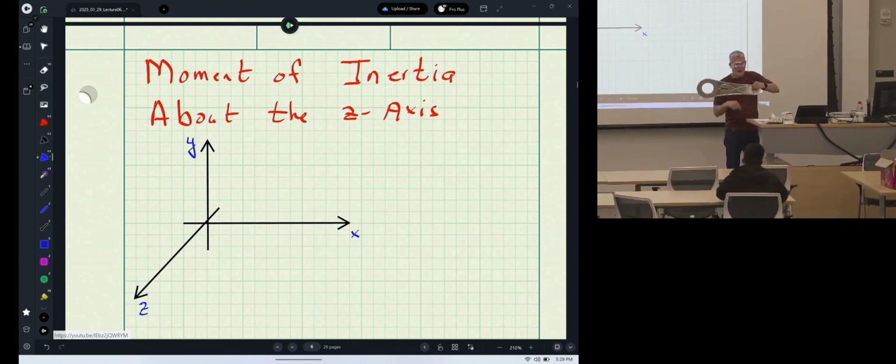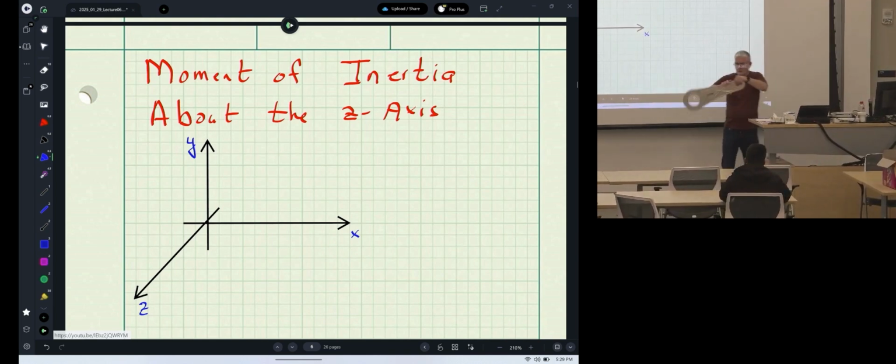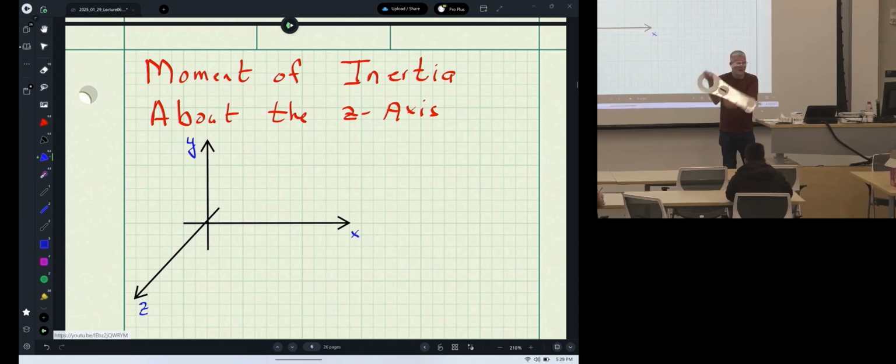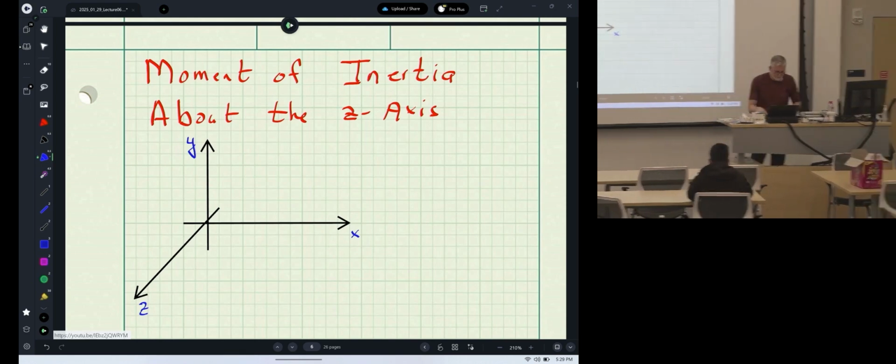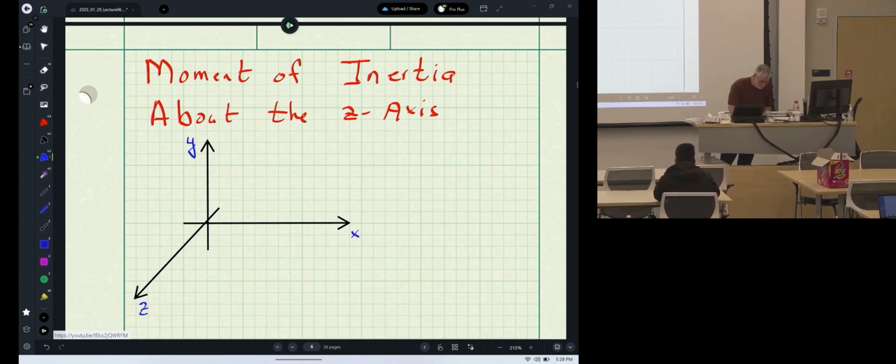Okay, so ours will be about the z-axis. x, y, and then here's z. So we're going to be doing rotation about the z-axis. That's physically what's going on.